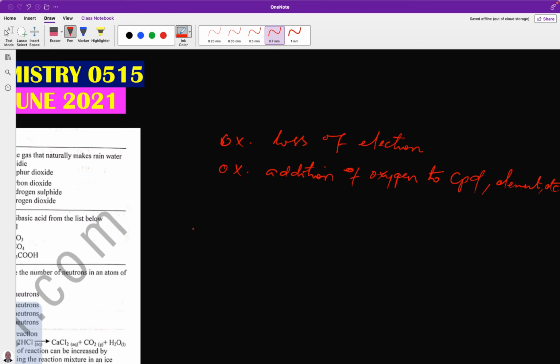We have iron 3 oxide plus carbon monoxide to give iron plus 3 carbon dioxide. Let me balance it.